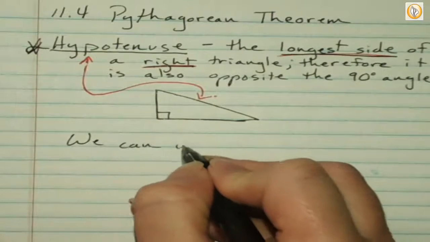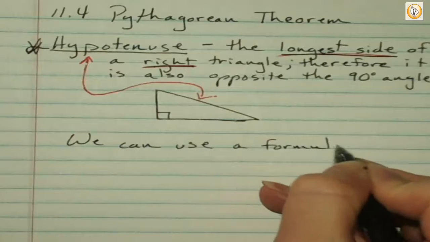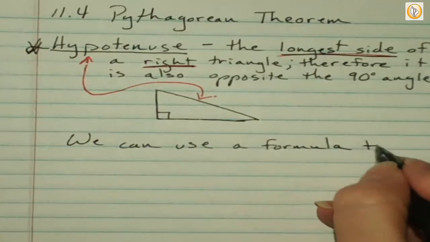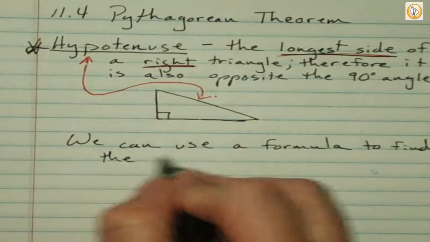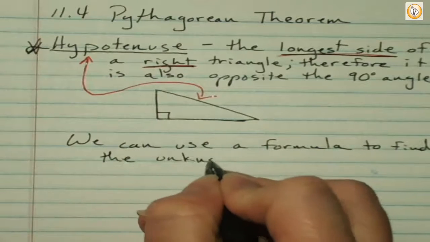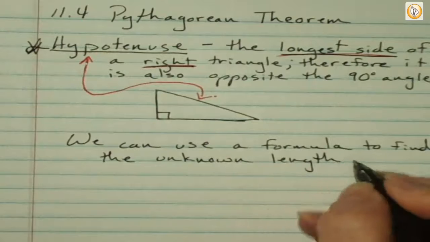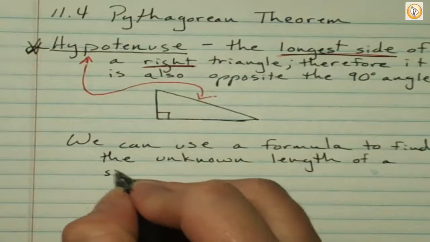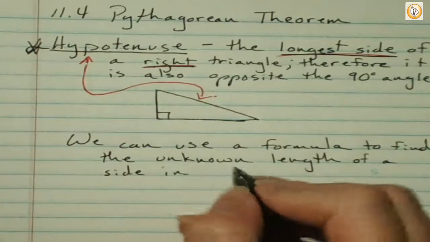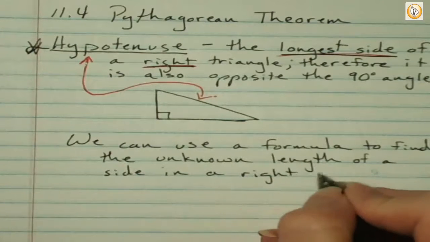We can use a formula to find the unknown length of a side in a right triangle.